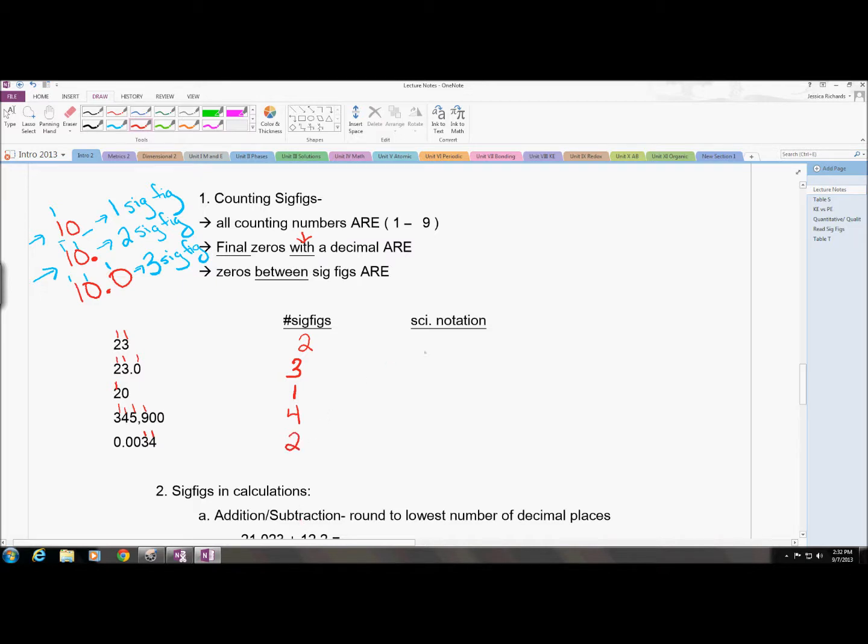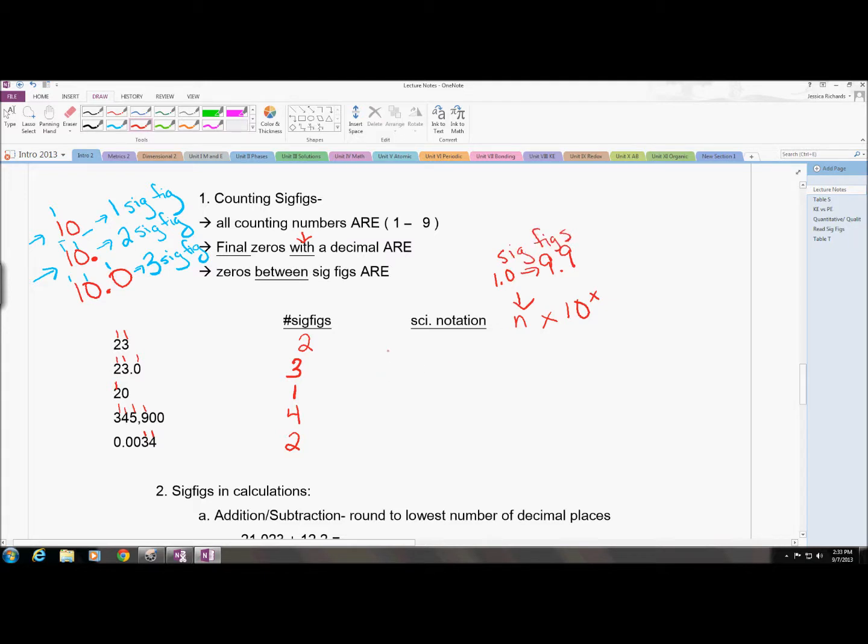All right, now when it comes to scientific notation, again, we're going to do a number times 10 to some exponent. This number always has to fall between 1.0 and 9.9. So you have to move the decimal point in between, and this number also has to contain all of the significant figures.